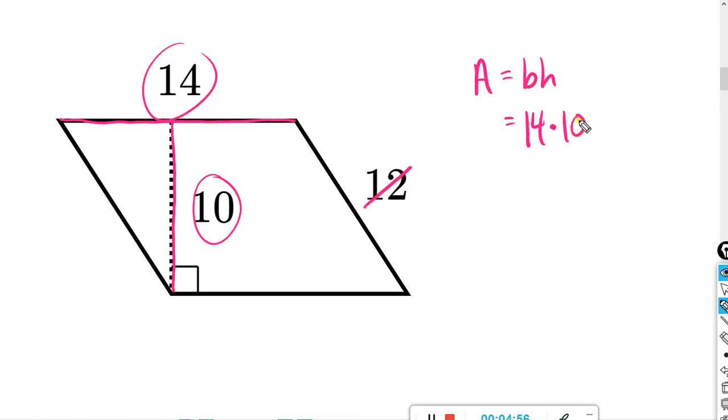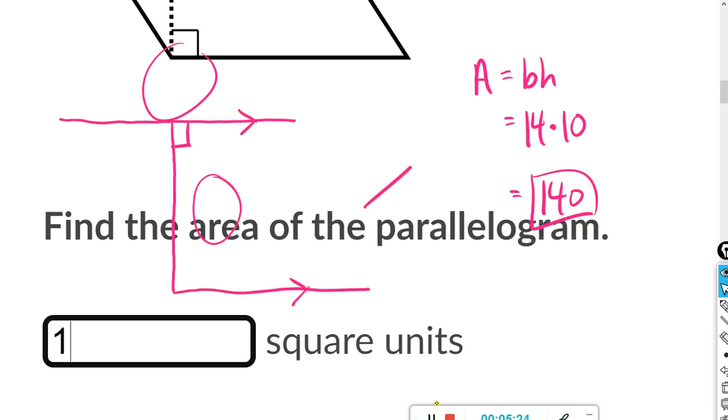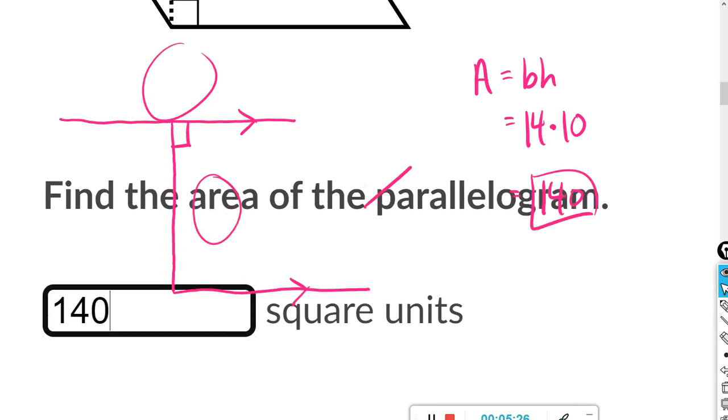Once again, this is a parallelogram. So if it's perpendicular to this side and these two sides are parallel, it has to be perpendicular to this side as well. So they still make a right angle to each other. And of course, 14 times 10 is just 140. So inside the box, 140.